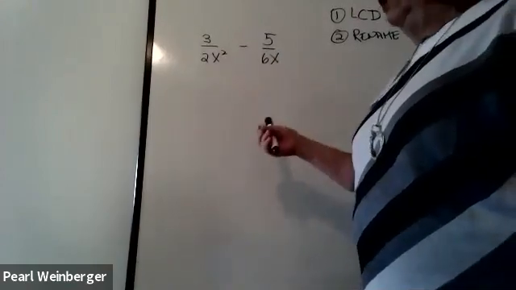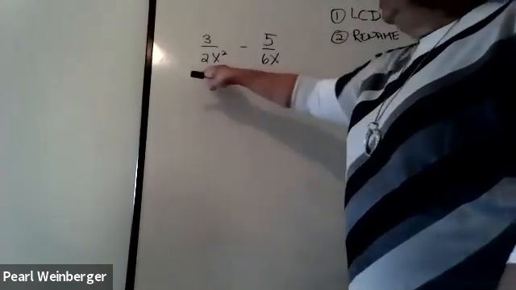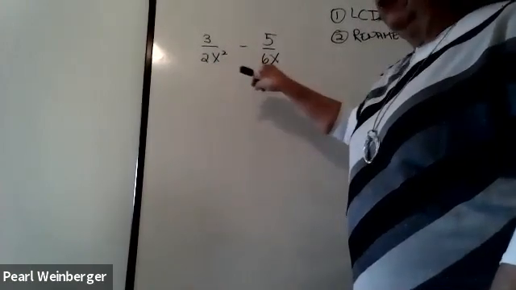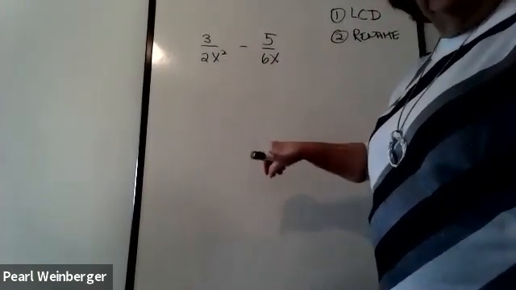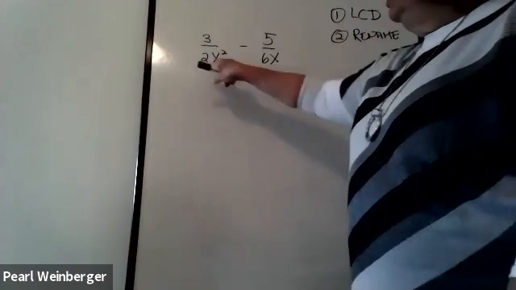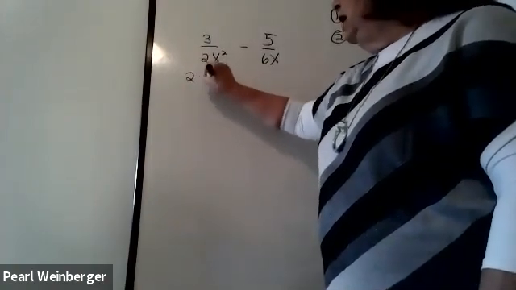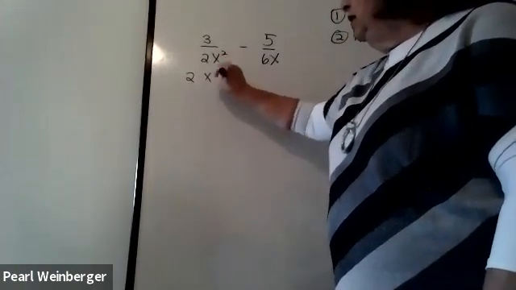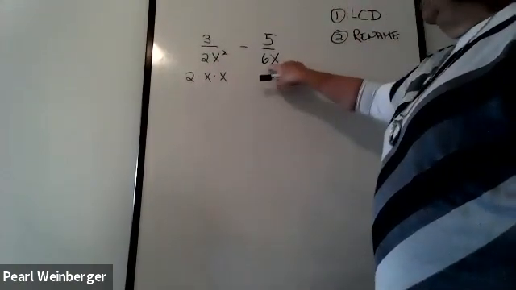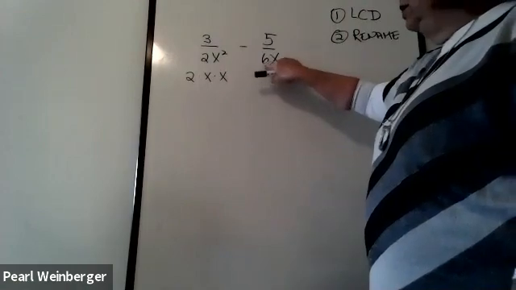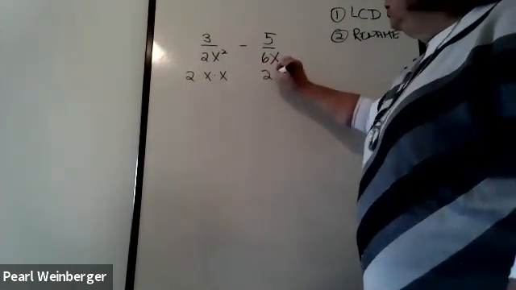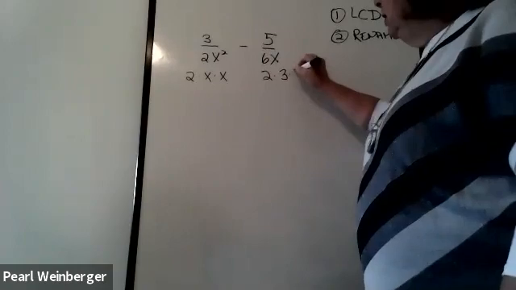One way is the way we did before, by factoring, writing out the different factors of our denominator. In other words, 2x squared is 2 times x times x. And our other denominator, 6x, is 2 times 3 times x.